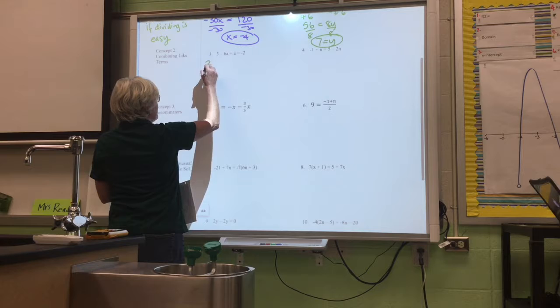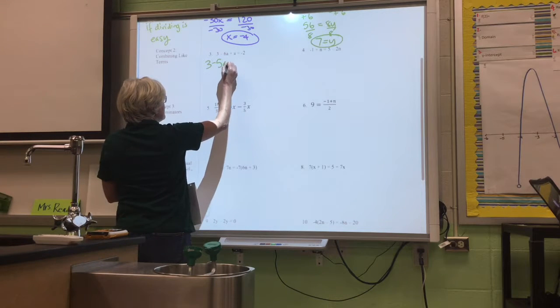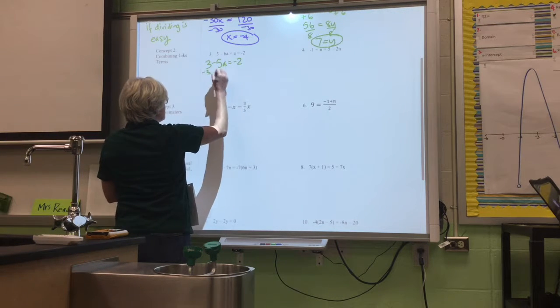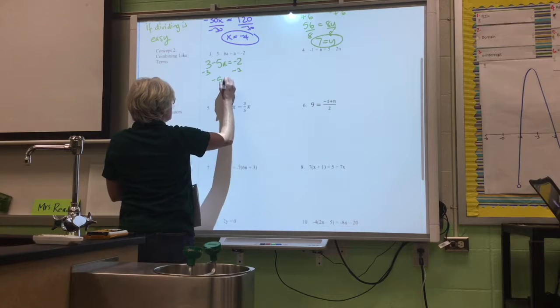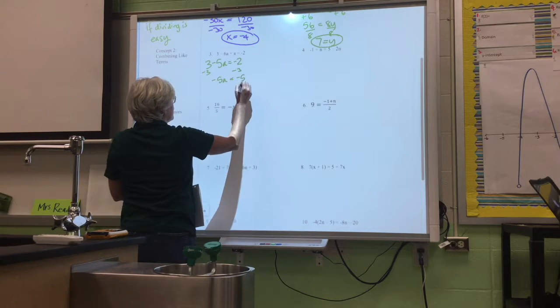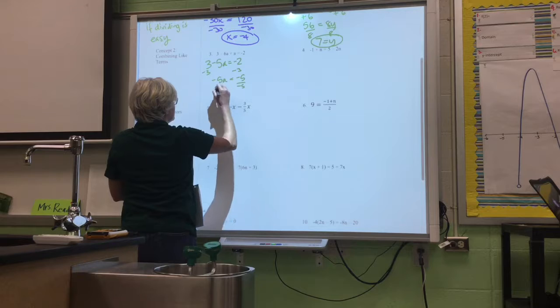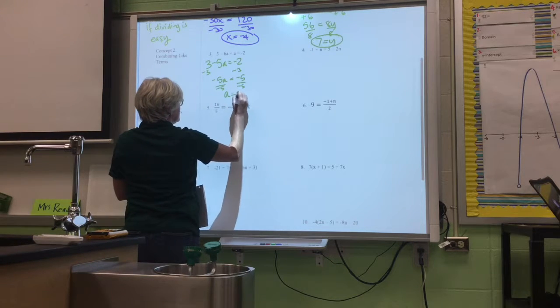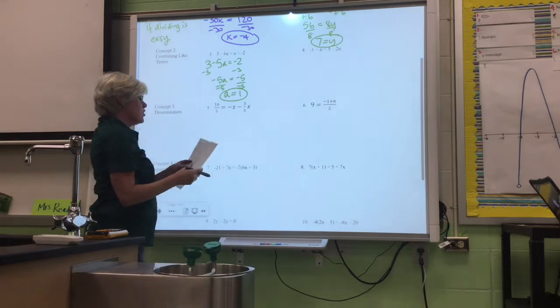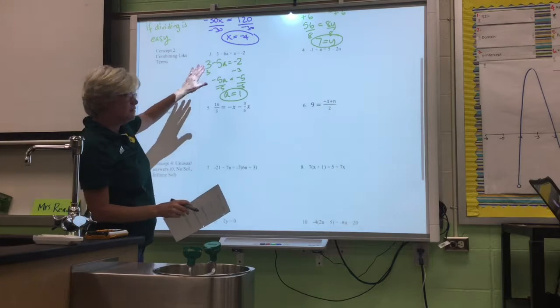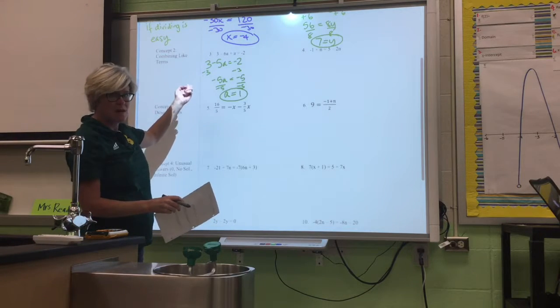So I'm going to combine that to give me a negative 5a. And now I'm just going to solve it. And I work out this problem, and I get a equals 1. So if they're on the same side as each other, you want to combine them.